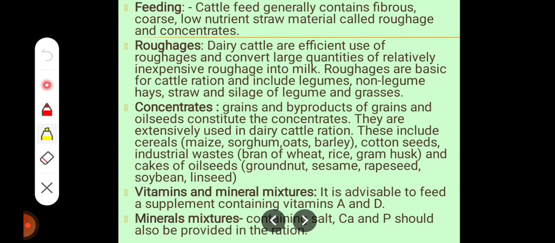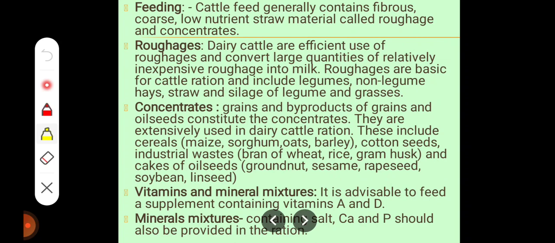Roughages: dairy cattle are efficient users of roughages and convert large quantities of relatively inexpensive roughages into milk. Roughages are basic for cattle nutrition and include legumes, non-legumes, hay, straw and silage of legumes and grasses.